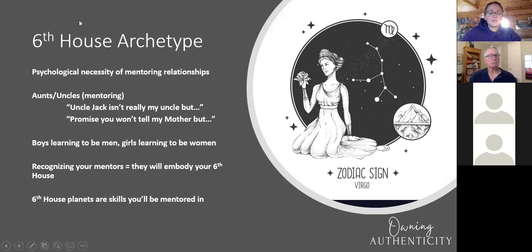Like how he says, promise you won't tell my mother. But somebody that you can confide in and help you figure out how to be in the world, but like your parent, that's a much tenser relationship typically. So boys learning to be men, girls learning to be women, he's putting forth that this happens through this act of mentoring, whether these people are your biological aunts and uncles or just adults who were present in your life while you were coming up.